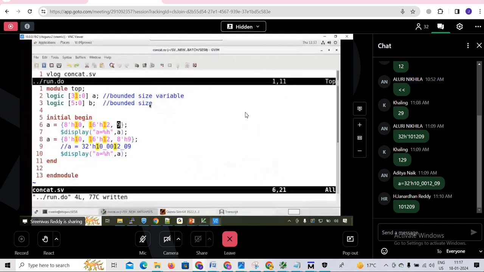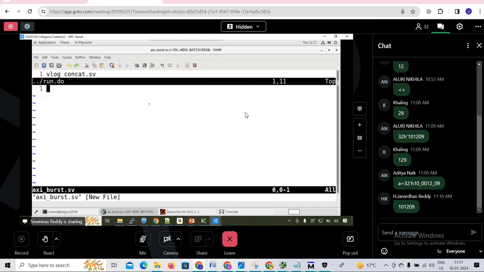Now, I'll take one example. Initial, begin, end, color display. Let's say I generate a random burst.